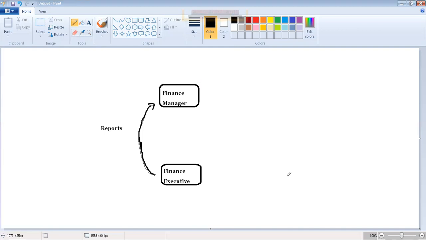When I say the finance executive reports to the finance manager, it is a type of relationship, an OM relationship. It is called the reporting relationship.